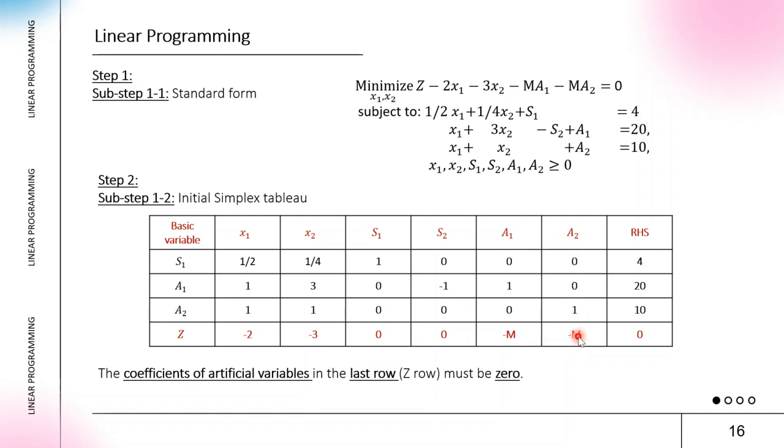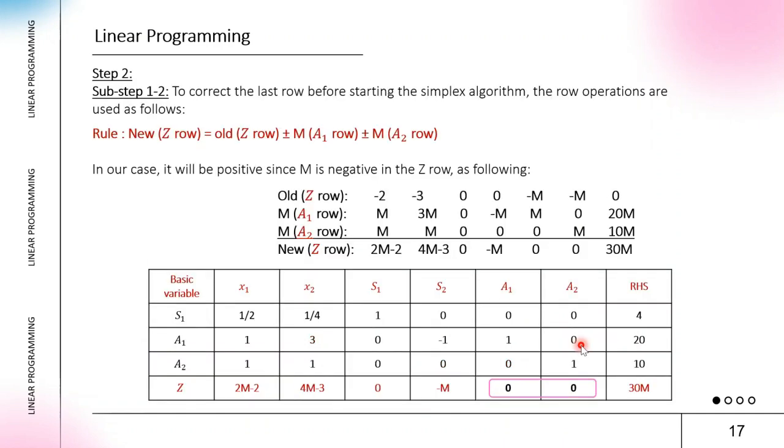It is necessary to mention that in a proper big M setup, the coefficients of A1 and A2 in the Z row, in the objective function row, must be 0. This will be achieved by row operation. Before running the simplex algorithm, the Z row must be adjusted so that the artificial variables do not appear in it.